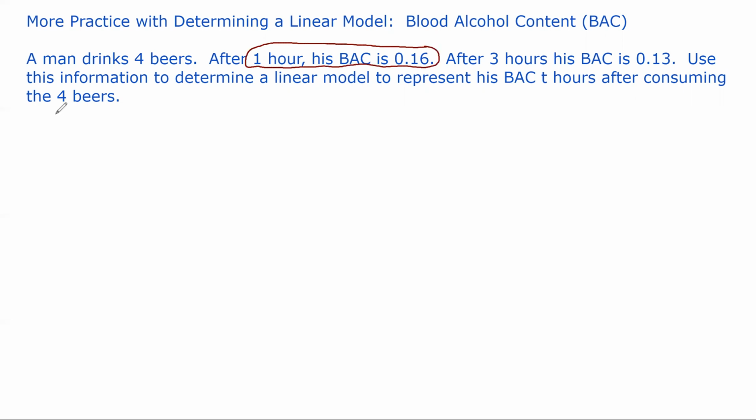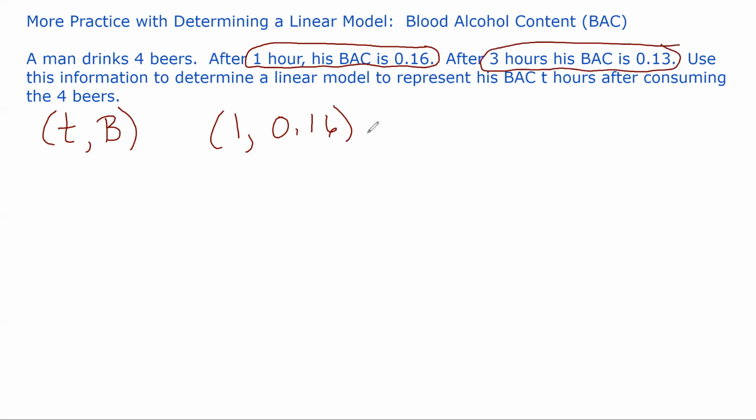So we have a set of ordered pairs in the form T, comma, B for time after consuming the alcohol, and B standing for our blood alcohol content. So the first ordered pair is 1, comma, 0.16, and the second ordered pair is 3, comma, 0.13.